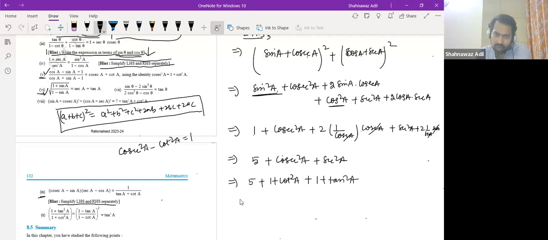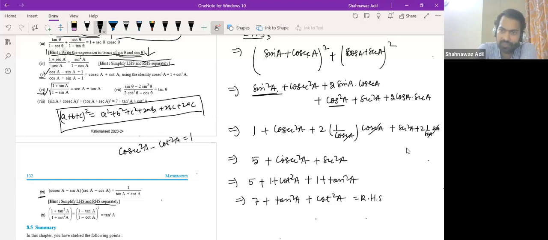So 5, 6, 7. So 7 plus tan² A plus cot² A. This was the question. Good, good, Abhi. So easy, right?